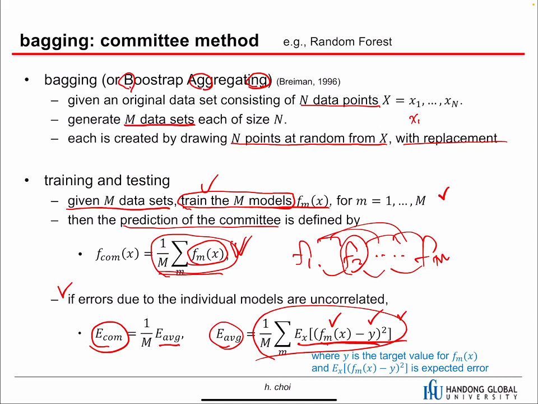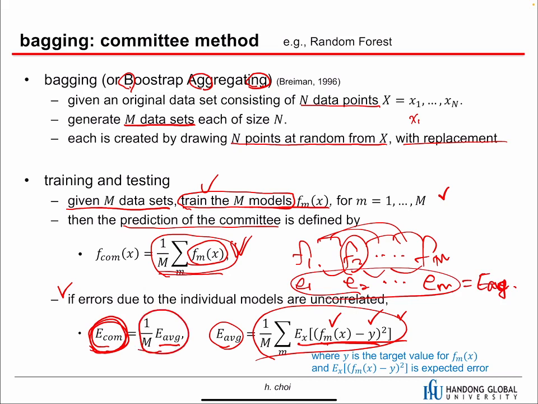So we trained all the models. When we calculate the errors, we have error 1, error 2, up to error m. And then we take an average. Okay, that is the average error. And then the error of the committee is m times smaller than the average error. This is huge.